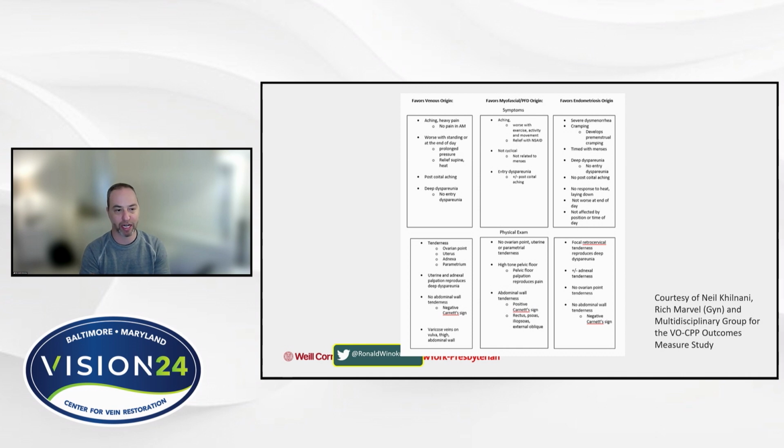You can see the questionnaires that are being asked in each column and the overlap that exists of aching pain in the pelvis, as well as other disease entities.